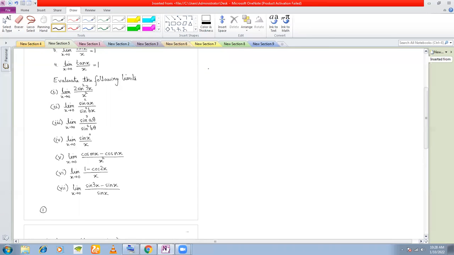Number 2. L is equal to limit x tends to 0 of sine square ax divided by sine square bx.